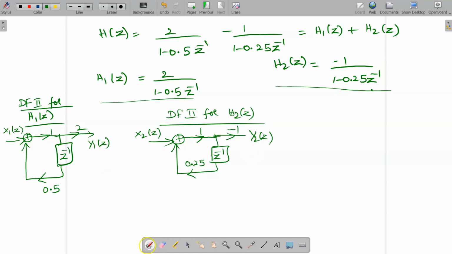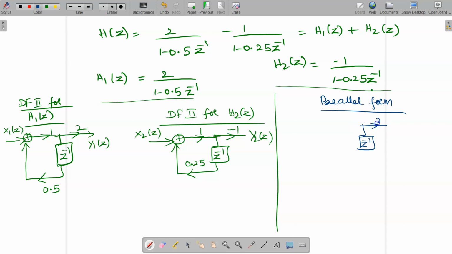Since we have h of z is h1 of z plus h2 of z, for the final diagram of parallel form we have to connect in parallel manner. So draw the two diagrams in parallel. Draw h1 of z as it is: 2, 0.5.